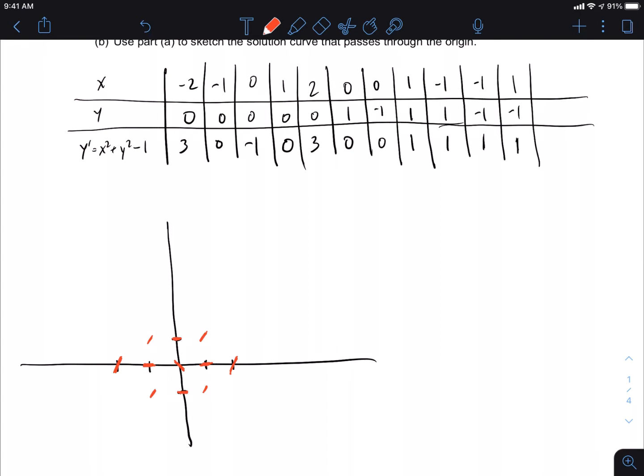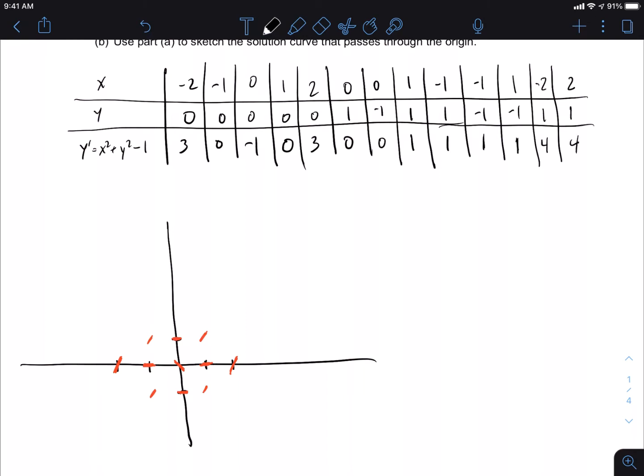Right? Well, we want many points. So what about negative 2, 1? It's 4, just so you guys can kind of see what's going on. What about 2, 1?